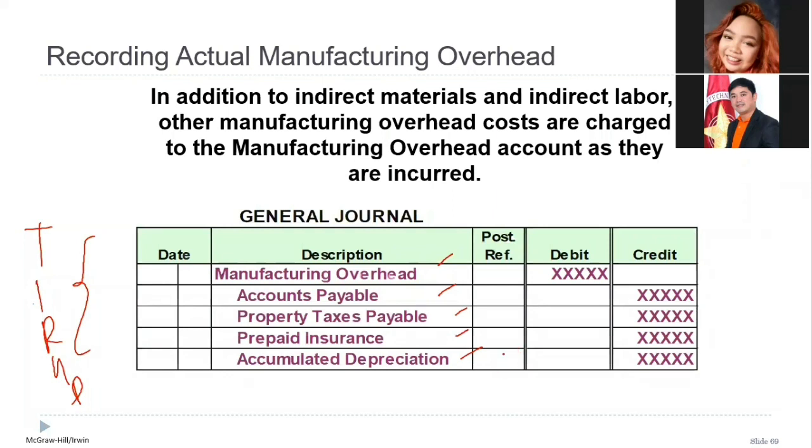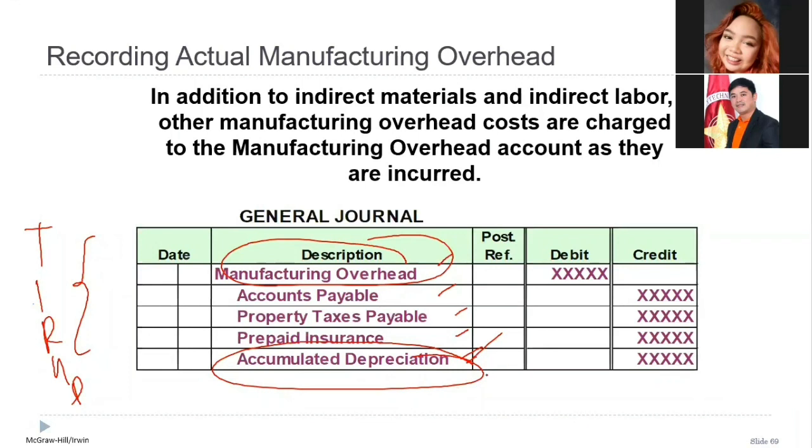Wala ng separate entry na, for example, debit depreciation expense and credit accumulated depreciation. Tapos i-request mo na debit manufacturing overhead and credit depreciation expense. Wala nang ganon. Dumiretso na po tayo sa debit manufacturing overhead and credit the accumulated depreciation. Hindi po siya mali. Dumiretso lang talaga. Okay? So, kaya wag po kayong magtataka bakit iba yung credit kapag nag-i-incur ng actual manufacturing overhead.